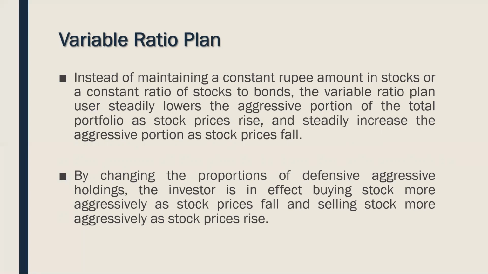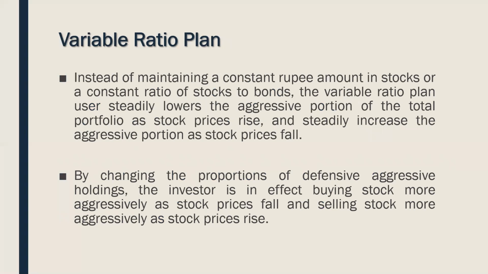So they do not expect to keep the money value of the portfolios constant or to keep the ratio between the two portfolios the same. What they plan to do is buy when the stock prices are falling and sell when the stock prices are rising. They steadily lower the aggressive portion of the total portfolio as stock prices rise, right?